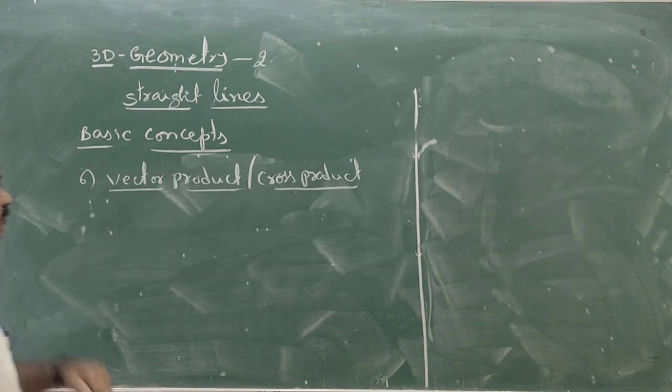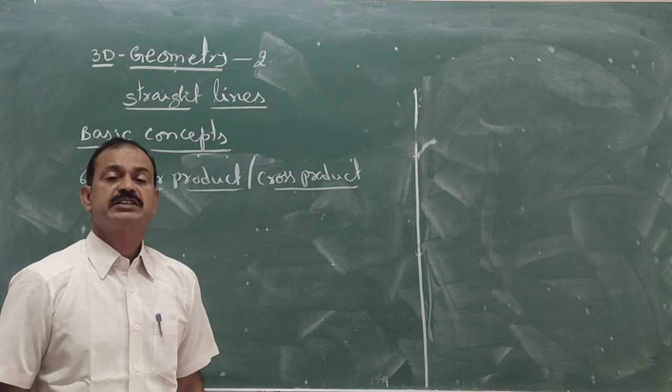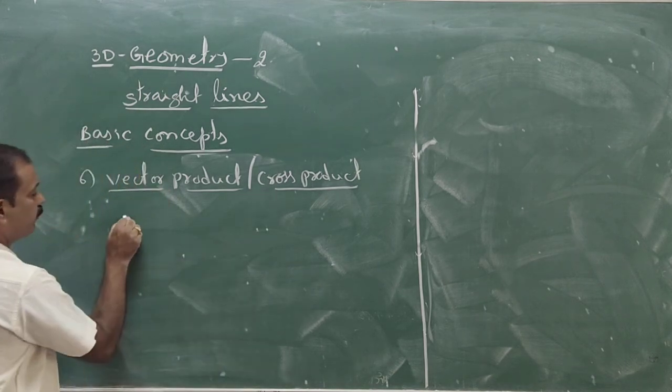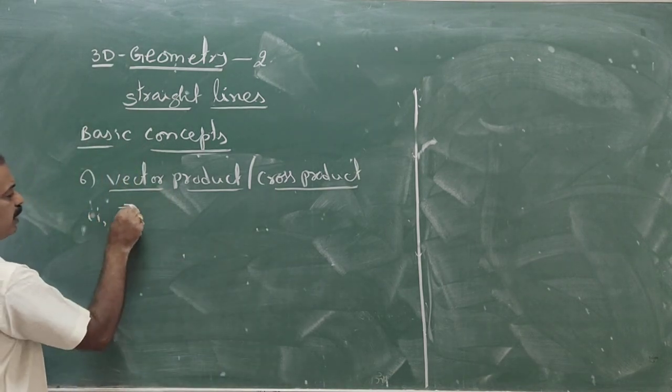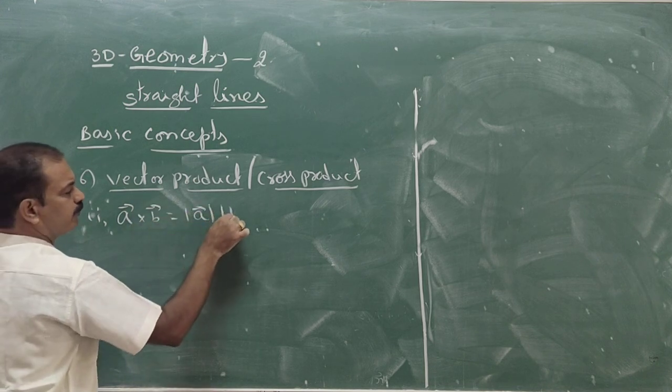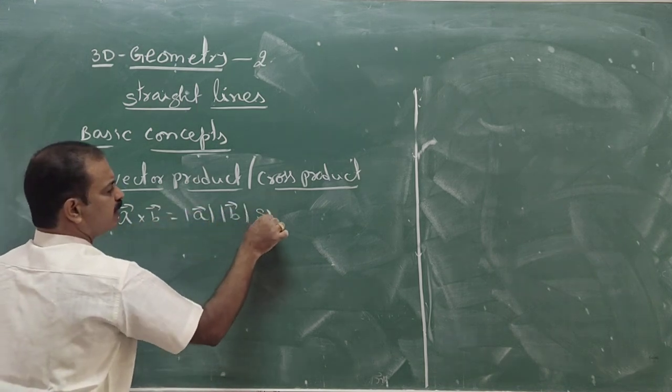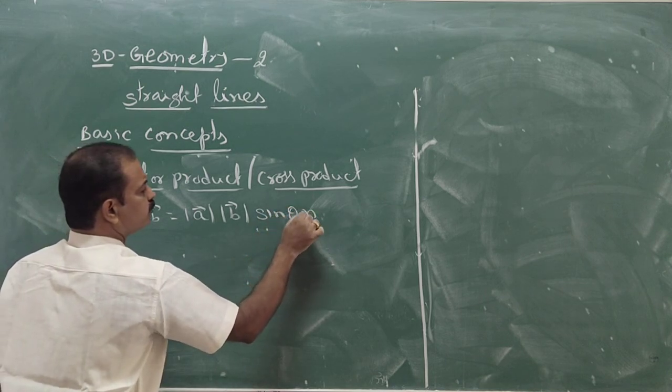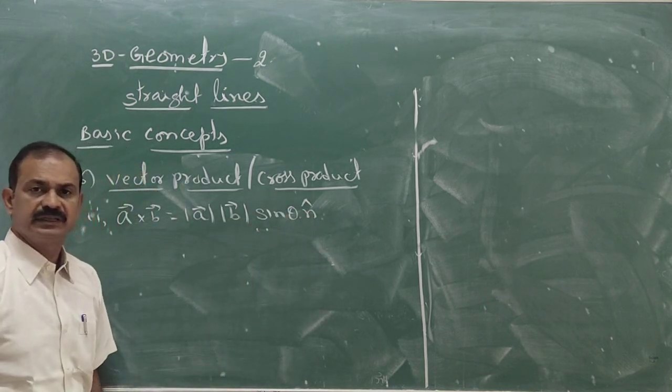The last concept is vector product or cross product. How do you define A cross B? A cross B is equals to magnitude of A, magnitude of B, sine theta into n cap.